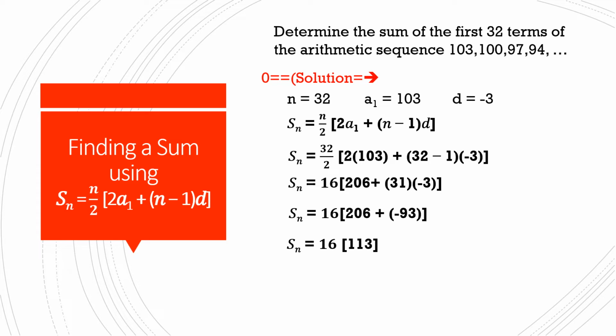And the product of 113 and 16 is equal to 1808. Therefore, we can say that if we are going to add the first 32 terms from the sequence 103, 100, 97, 94, their sum is 1808.